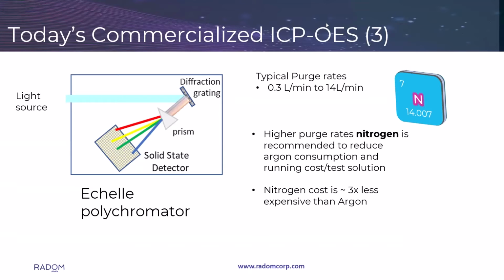If we look at the same argon dewar, it's $975. So you can see there's quite a bit of difference in sourcing of argon versus nitrogen. And the same is true for cylinders. So purging the optical bench with nitrogen instead of argon does reduce argon dependency. But how can we do more?